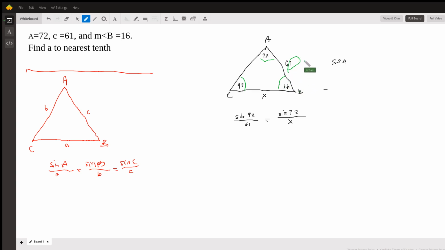So we're in an angle-side-angle situation, and because of that, we don't have to worry about the indeterminate form.